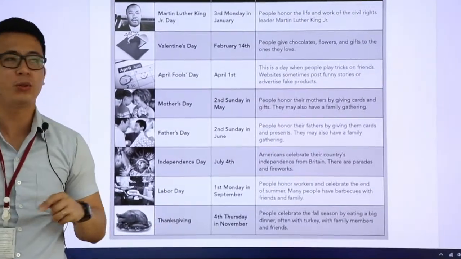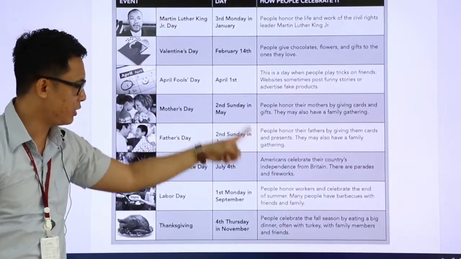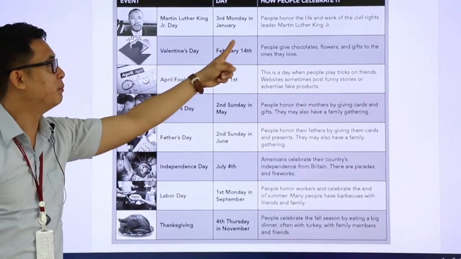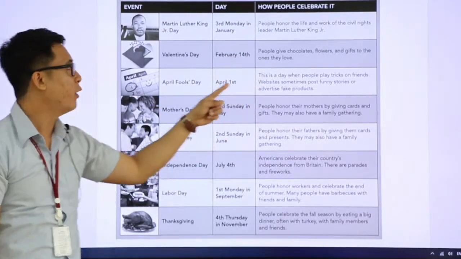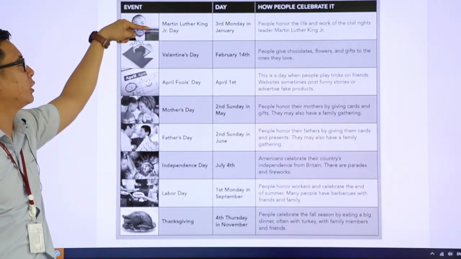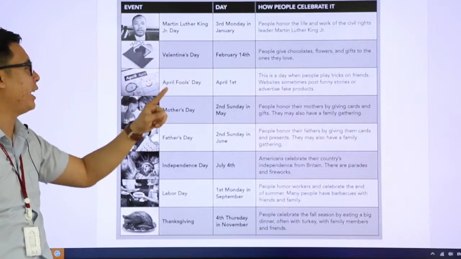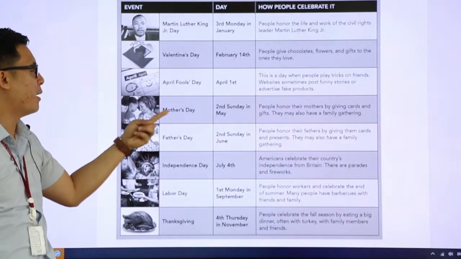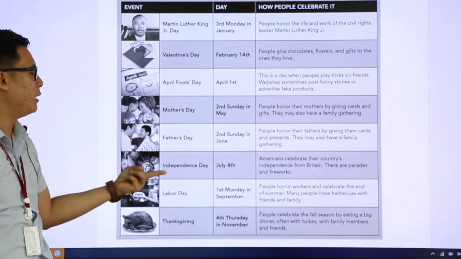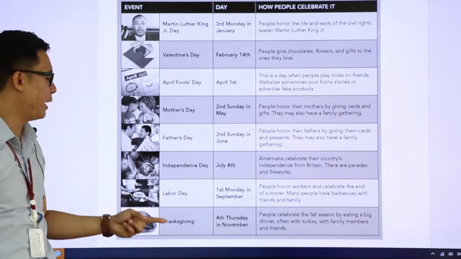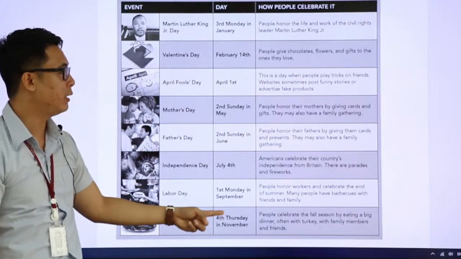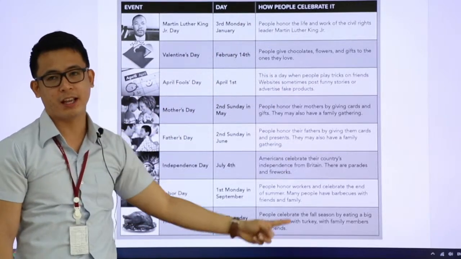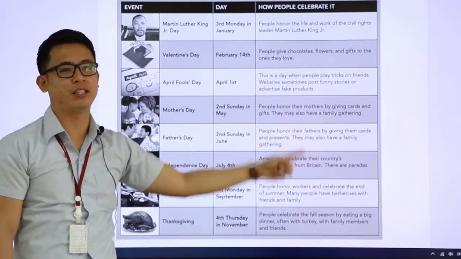What I want you to do is to read these celebrations and how people celebrate them. We have Martin Luther King Jr. Day, Valentine's Day, April Fool's Day, Mother's Day, Father's Day, Independence Day, Labor Day, and Thanksgiving Day. They have the dates here and how people celebrate these events.